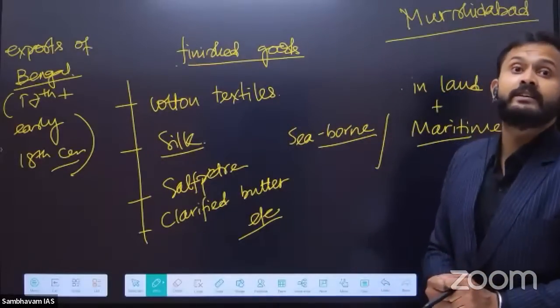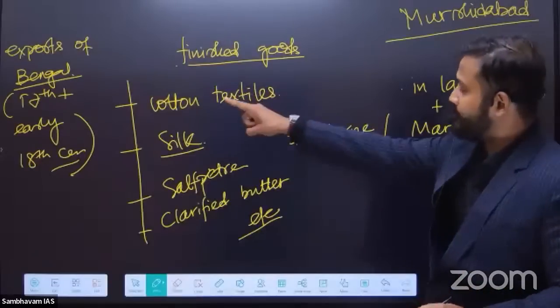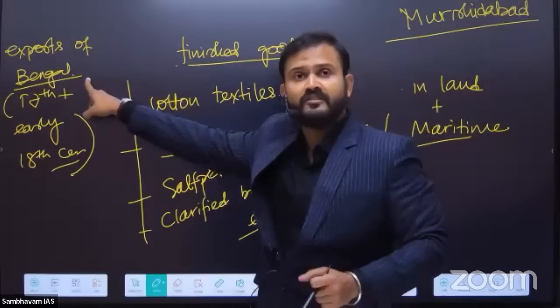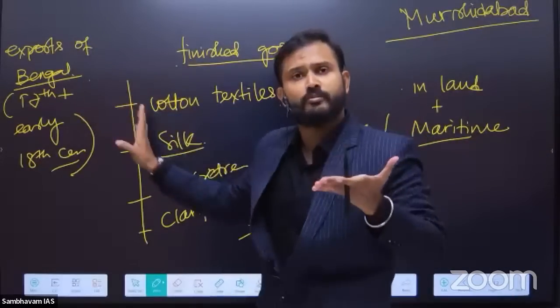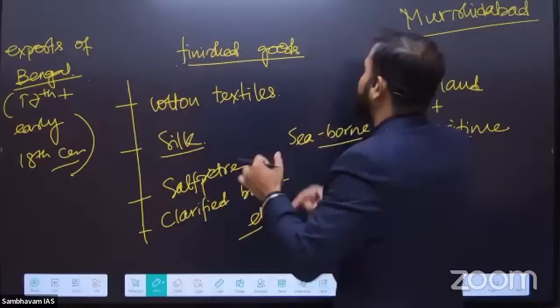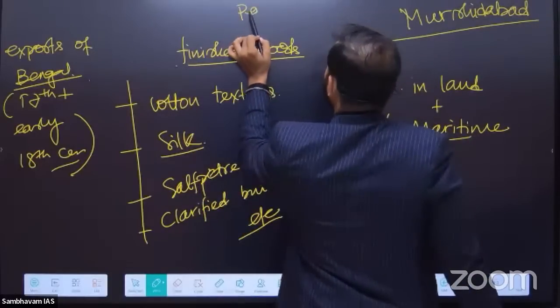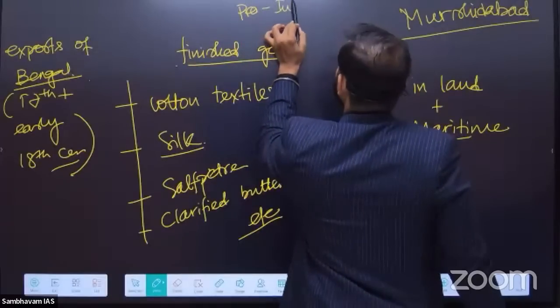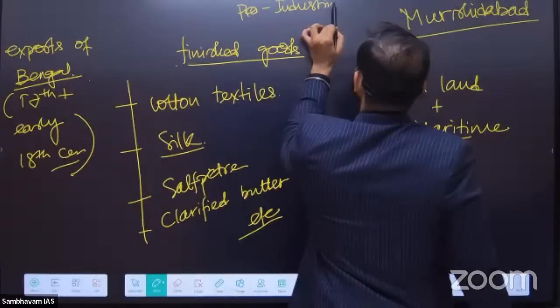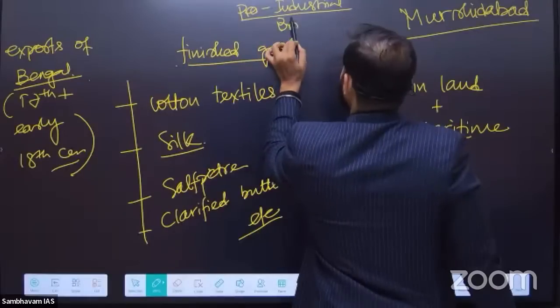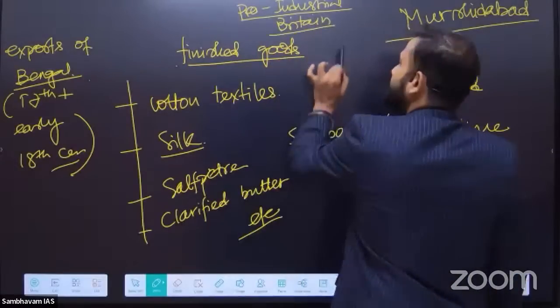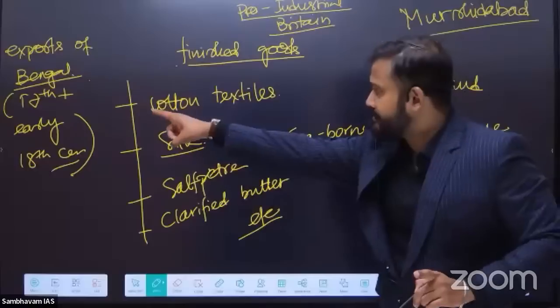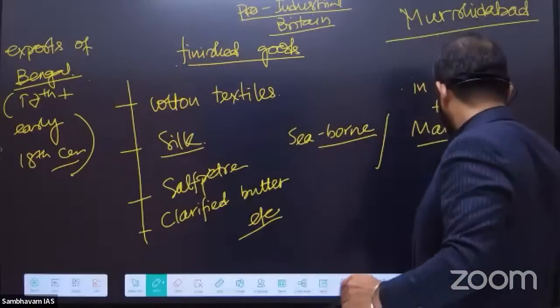Try to understand. This is the period which marks the heightened economy of Bengal. And this is basically the pre-industrial Europe, pre-industrial Britain. That means industrialization did not happen there. If I change the time period, I make a contrasting analysis.